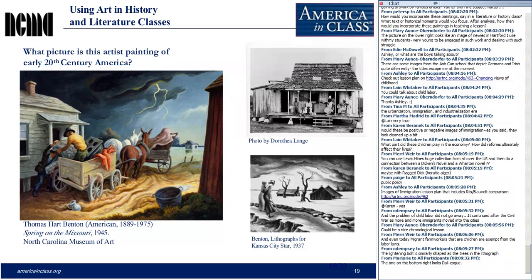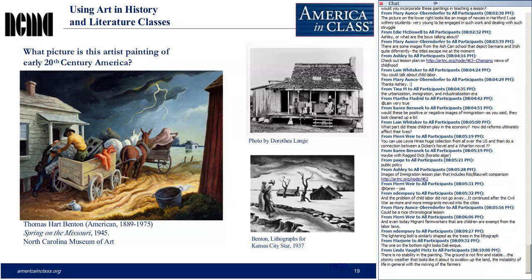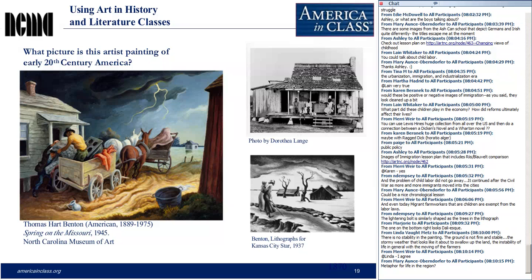But the way Benton took the sketches, that you could almost see as snapshots of the actual experience of the flooding of the Mississippi River, and he transmuted them into a work of art. You can see how very carefully calibrated this picture is.